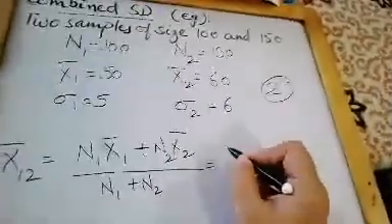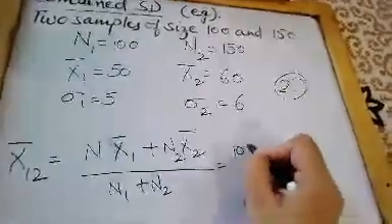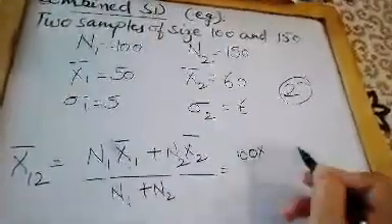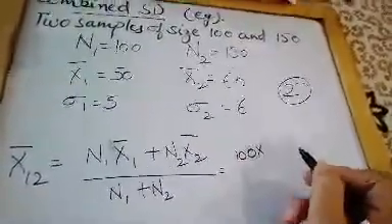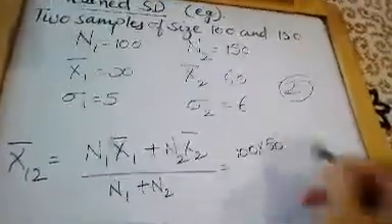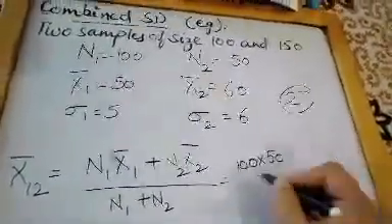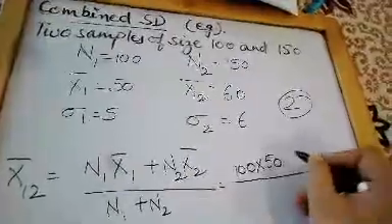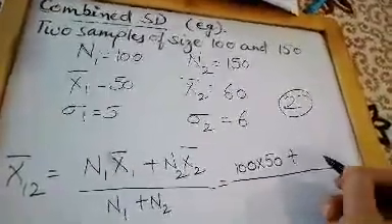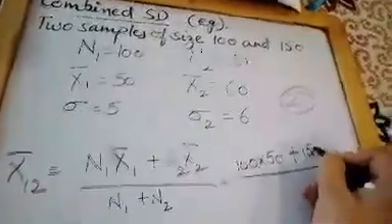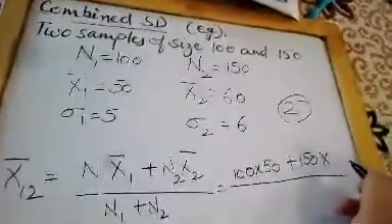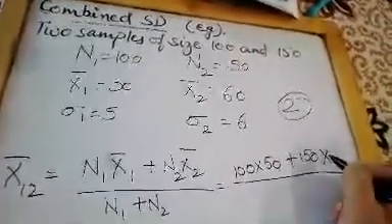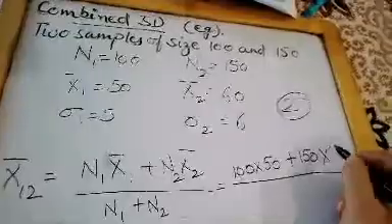Putting in the values: the value of n1 is 100, multiplied by the value of x1, which is 50. Then plus the value of n2, which is 150, multiplied by the value of x2, which is 60.